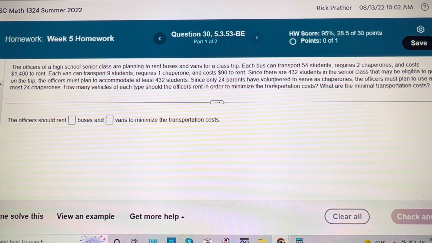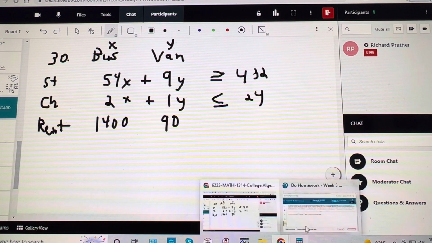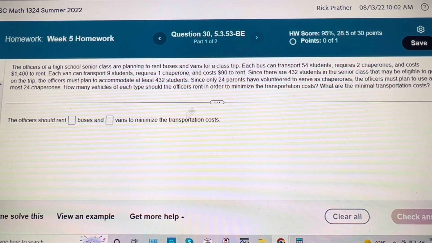Only 24 parents have volunteered, so the officers must use at most 24 chaperones. At most is less than or equal to. 2x plus y has to be less than or equal to 24. How many vehicles of each type should the officers rent in order to minimize costs? We just want to minimize costs.